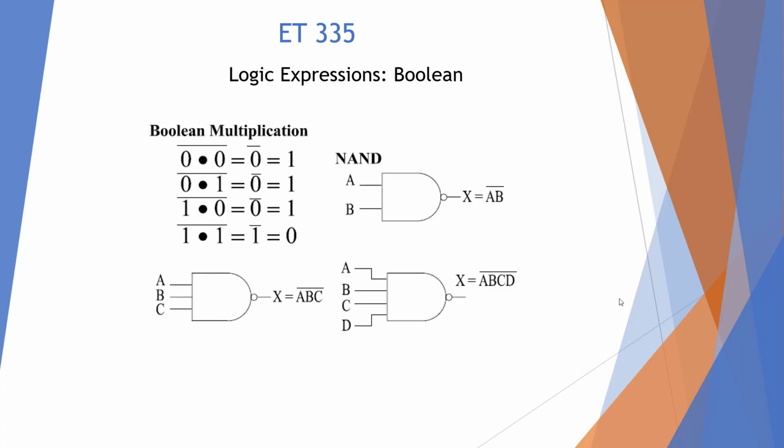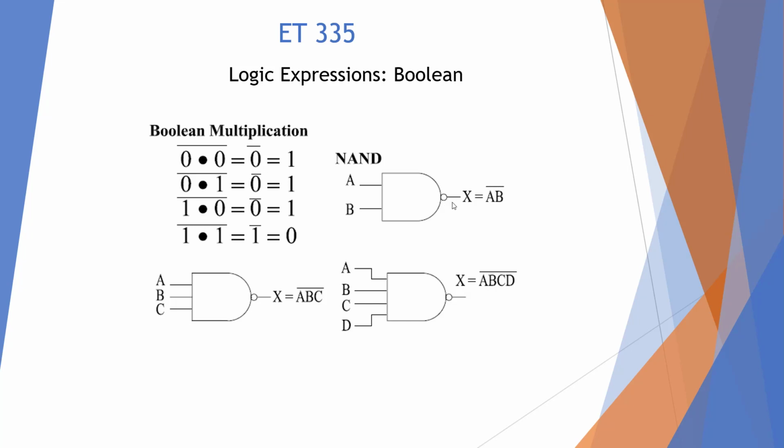Here we have the Boolean expressions for NAND gates. A NAND gate would be an AND inverted. If we go through the truth table, we see the bar. So a NAND gate with A and B inputs would be X equals A times B, with the bar over both of them completely.